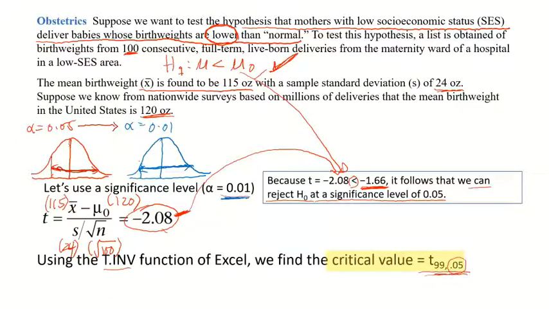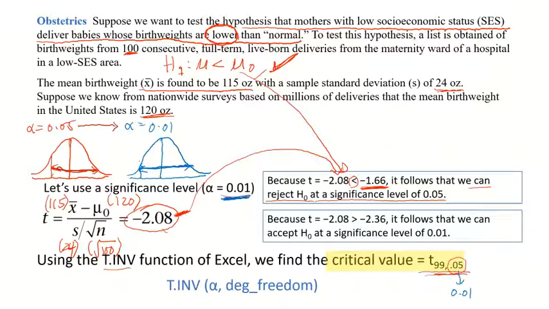So what happens if we now consider alpha of 0.01? Again, we use Microsoft Excel to compute the critical value when our alpha is 0.01. You simply replace this with 0.01, and that will give you a critical value of negative 2.36. Our sample mean, instead of being lesser than that, is greater than that.